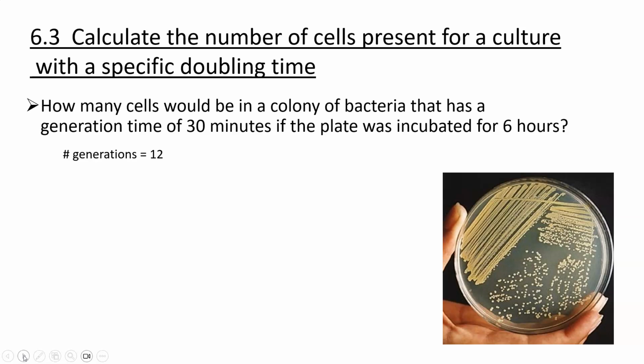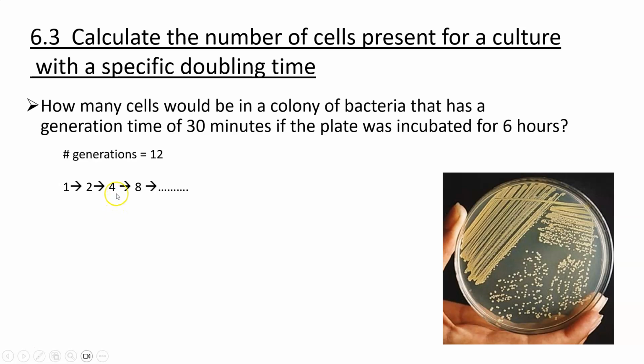The first thing you need to know is how many generations you have. One generation is 30 minutes, but we're going to incubate for 6 hours, so that means I have 12 generations. If I start with one bacterial cell, after one generation I'm going to have 2.